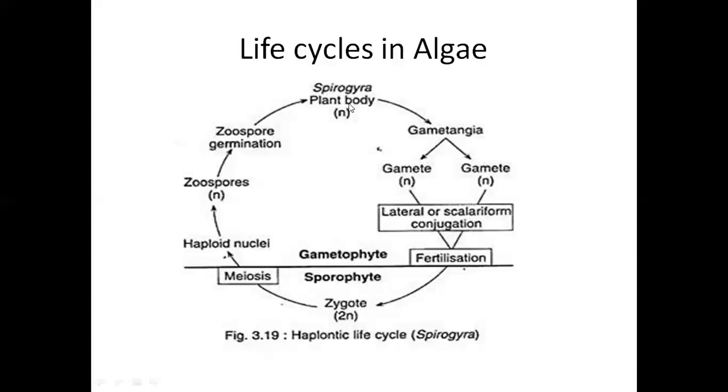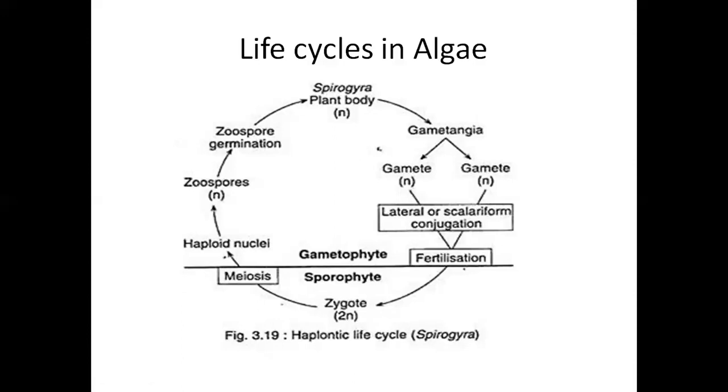Now this plant body I am talking about is a gametophytic plant body. That means it contains a single set of chromosomes, it is N. Now, the plant body will develop gametangia, the algal organ where gametes are formed. Here gametes will also be haploid.